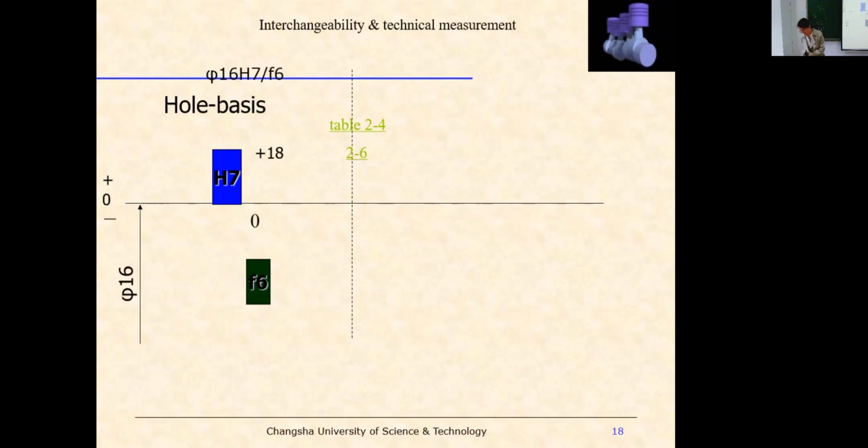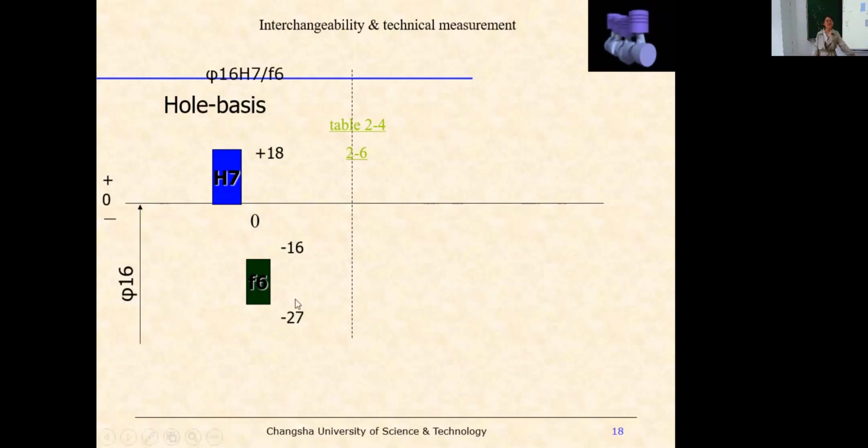Find the table quickly. 16, minus 16, plus 12. IT7, IT6. The tolerance is 11, right?